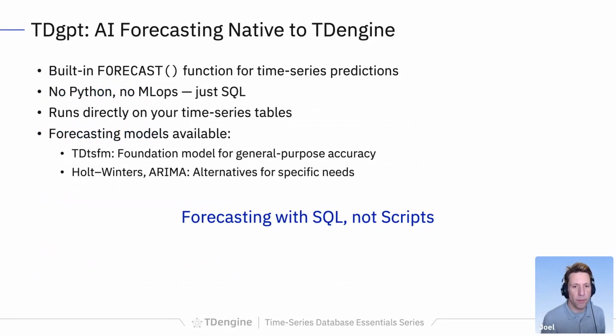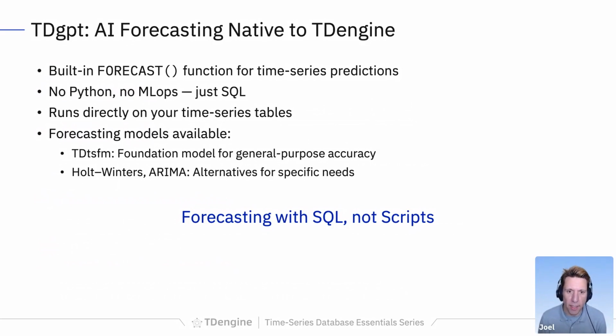That's why we've developed TDgpt, which is AI forecasting native to TDengine. You can use the built-in forecast function, just like a regular SQL function, to do time series predictions. You don't need any complicated Python setups or MLOps, just the normal SQL that you're already used to. This will run directly on your time series data that's already in your database.